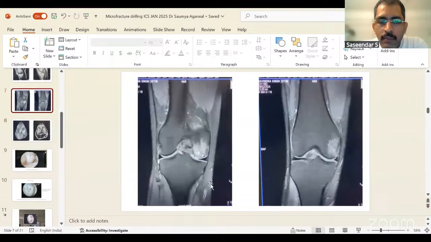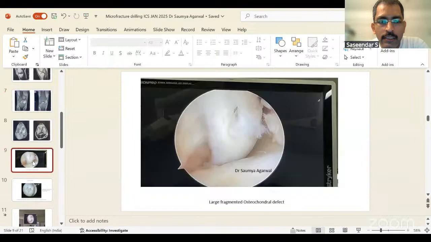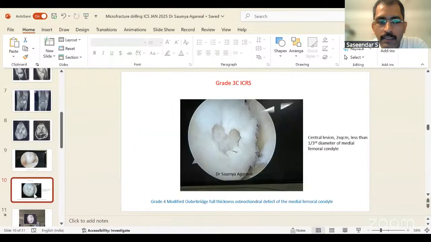If you're thinking about an osteochondral lesion, it is more well defined to the subchondral bone. It does not present as a bone marrow lesion of the whole of the femoral condyle. So we have to make sure we are not missing something.